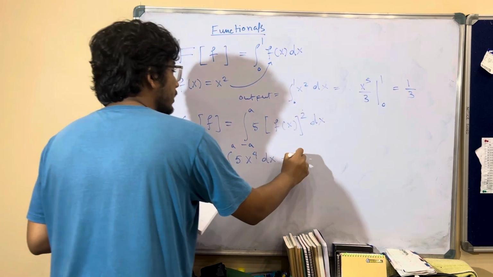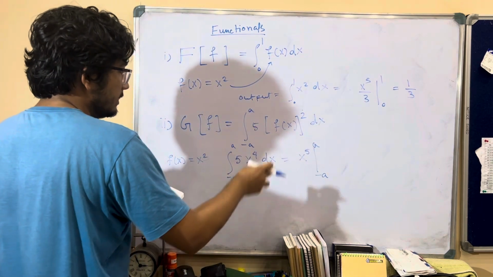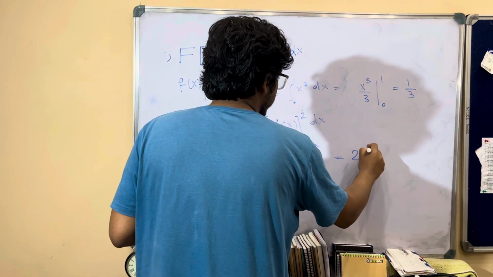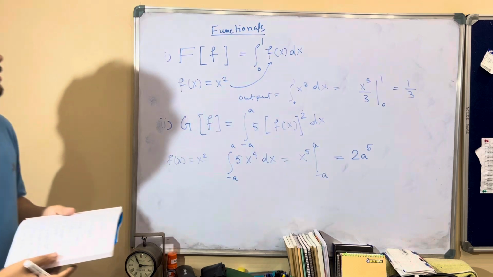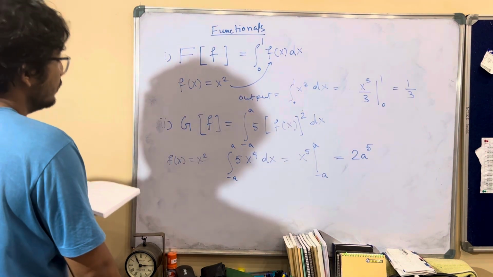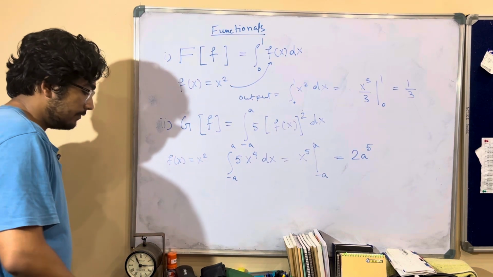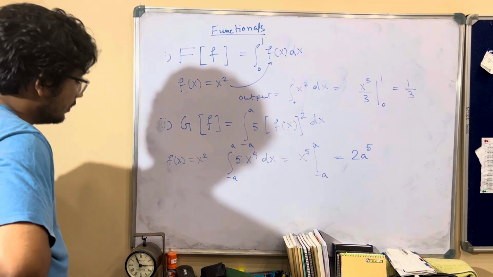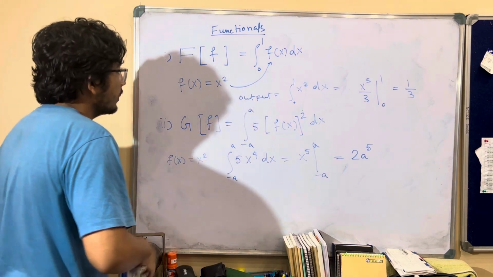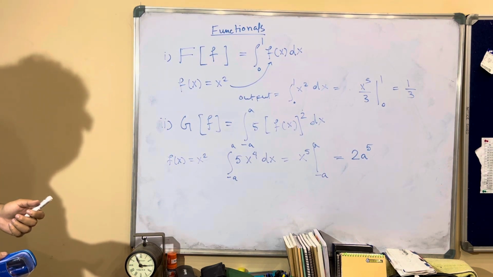That will be x to the power 5 over 5, with limits minus a to plus a, and it will give out 2a to the power 5 over 5. This is another example of a functional, and I will give you another example where I will show you that we have the trick or the freedom to write any function as a functional. I will erase this after a second or two.